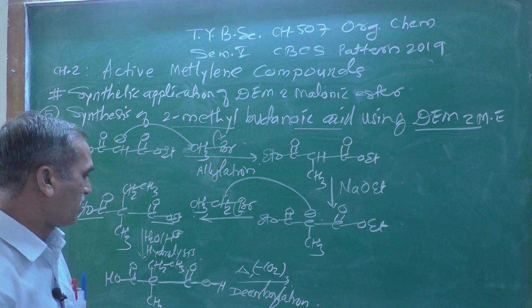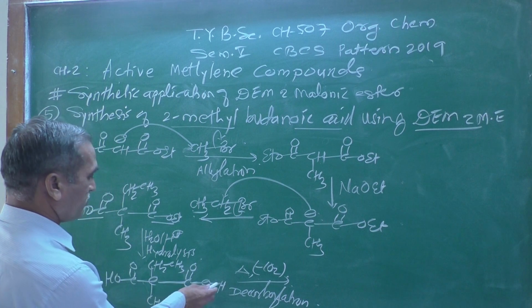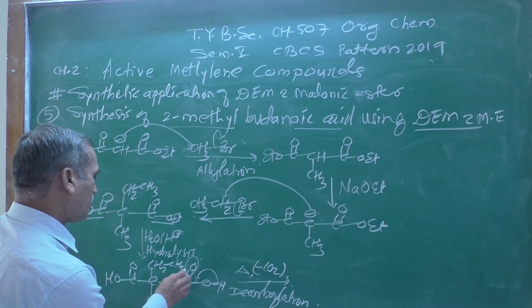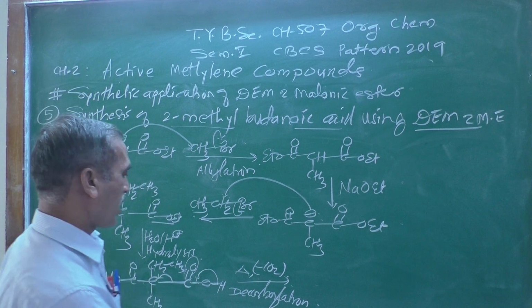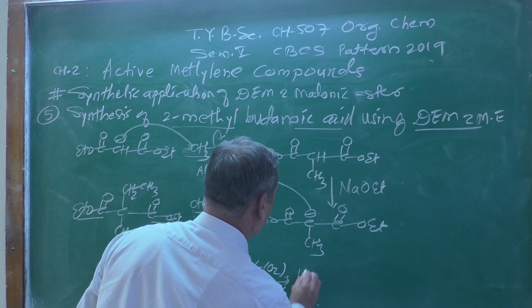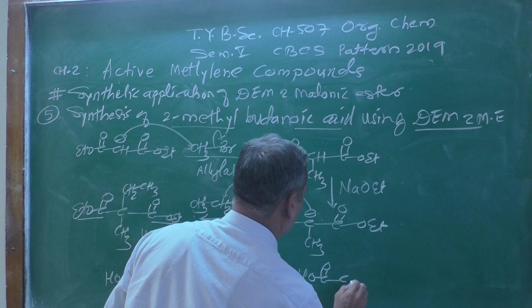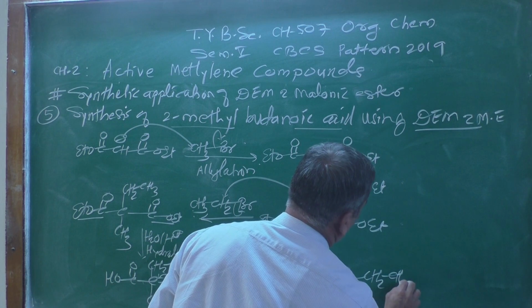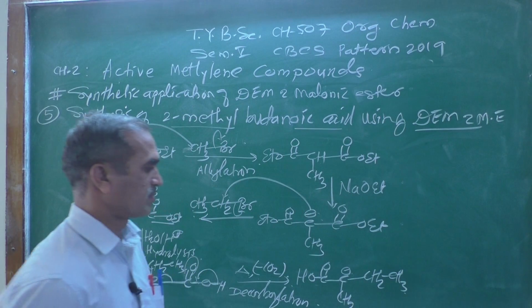During the decarboxylation, there is an elimination of carbon dioxide, and how that carbon dioxide gets evolved, I am always representing this one, so you can practice here. So here HO, then C double bond O, now C minus charge, I am writing this CH2CH3 group like this, and one CH3 group like this.